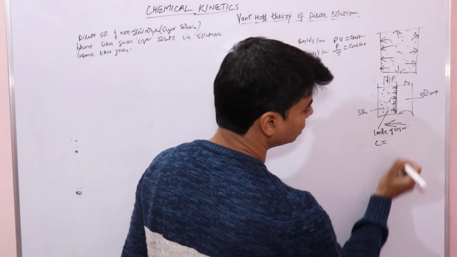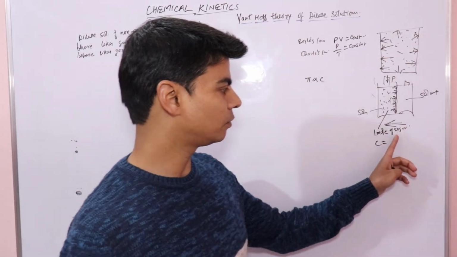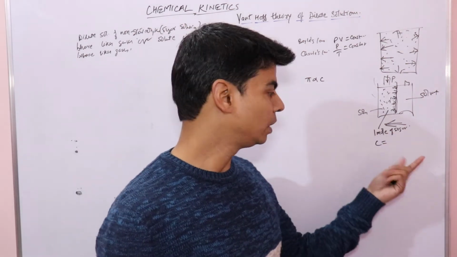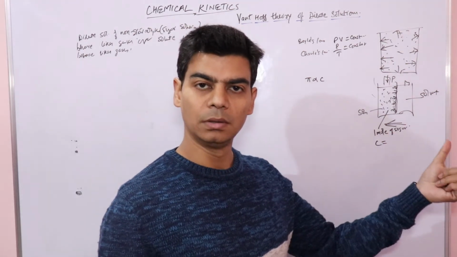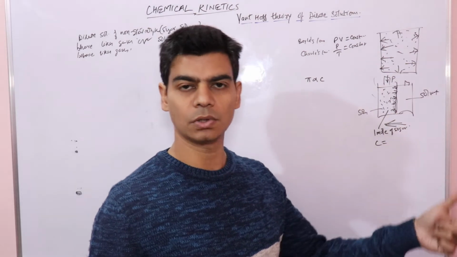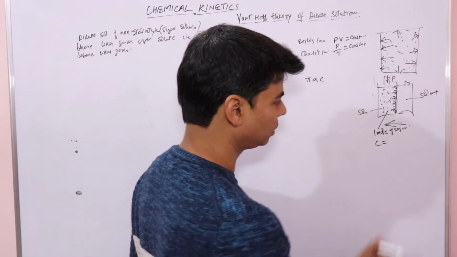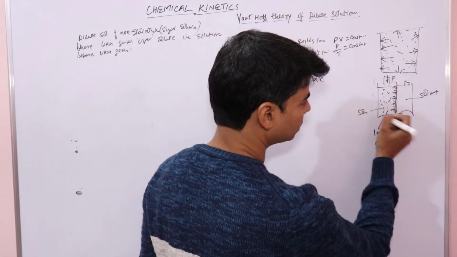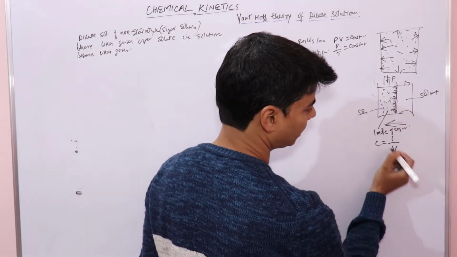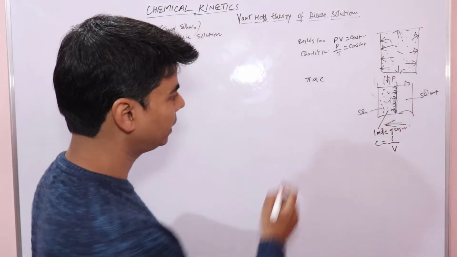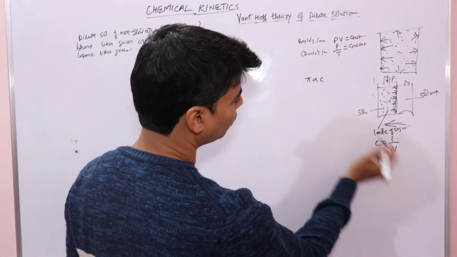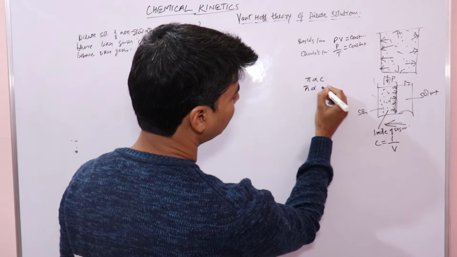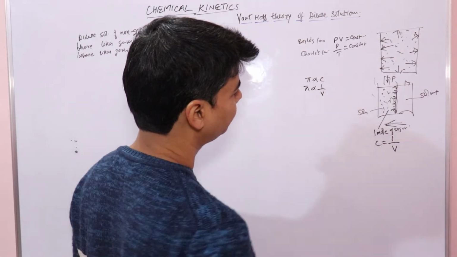So what would be the concentration? Concentration is the number of moles of solute dissolved in V liters of solution. Here the number of moles is 1, and the volume of this solution is V. So I can replace this C with 1 upon V, so pi is directly proportional to 1 upon V.